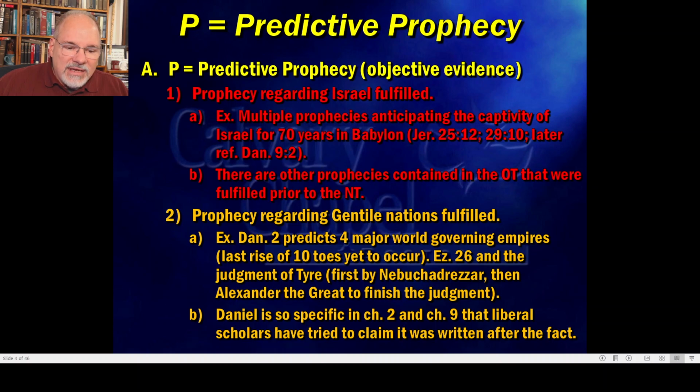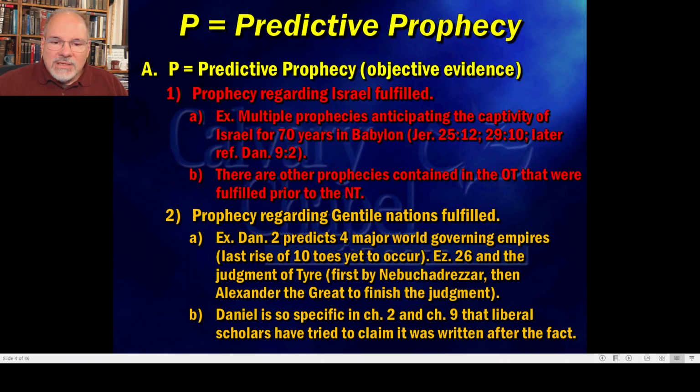Daniel is so specific in chapter 2 and chapter 9 that liberal scholars tried to claim that the book of Daniel was written much later, after all these events occurred, which was ridiculous because it was translated into the Greek Old Testament, the Septuagint. That was around 250 BC. So some of these things were yet to be accomplished, and it was already written down and copied from the Hebrew Bible.